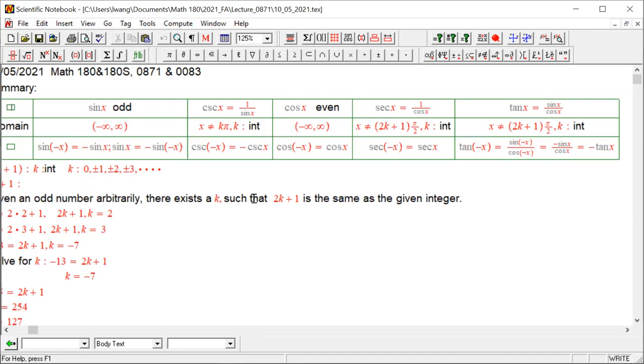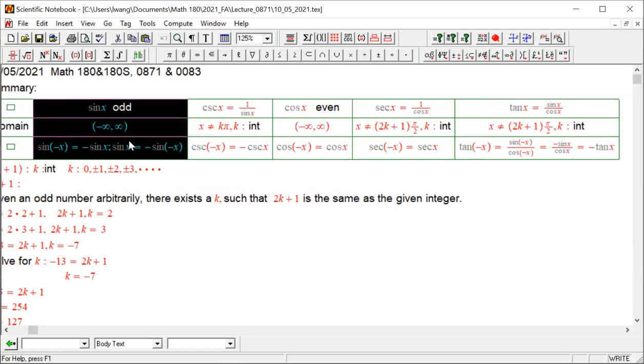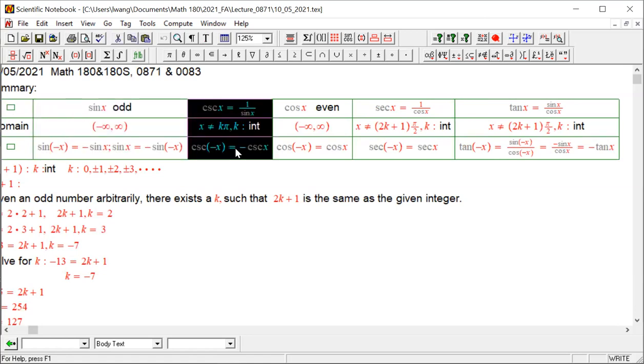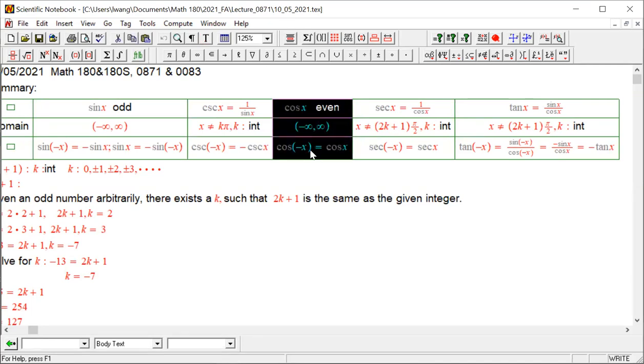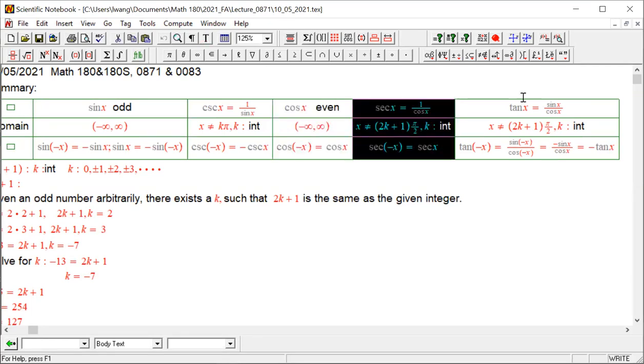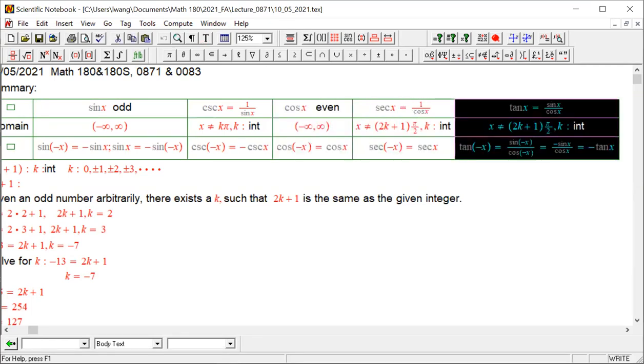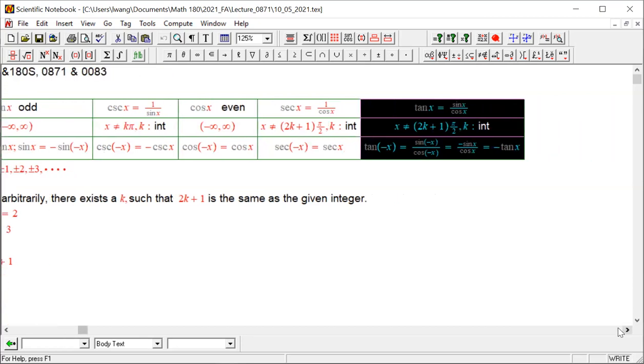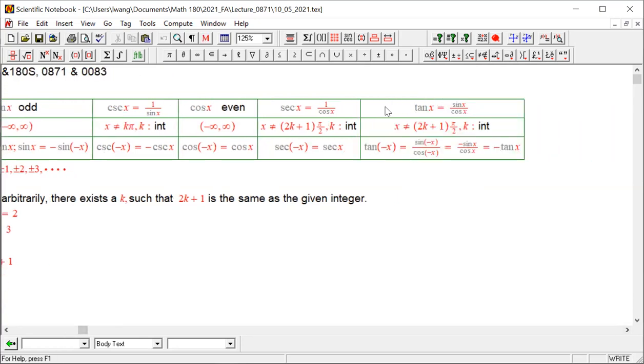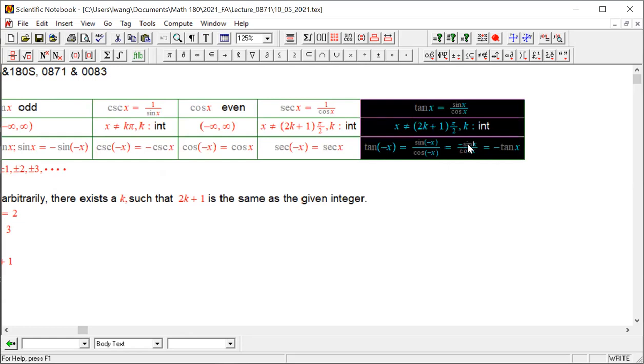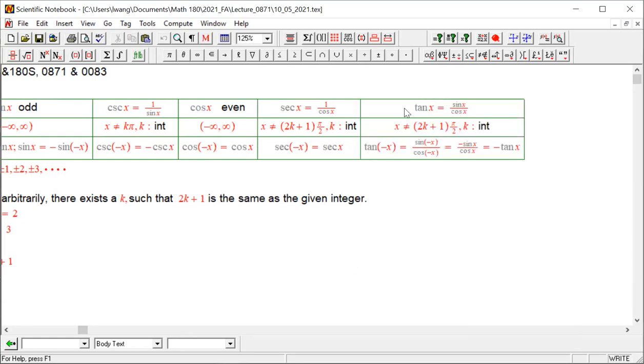properties. You can see sine is odd, cosecant is odd, cosine is even, secant is even, tangent is odd, cotangent is odd as well.